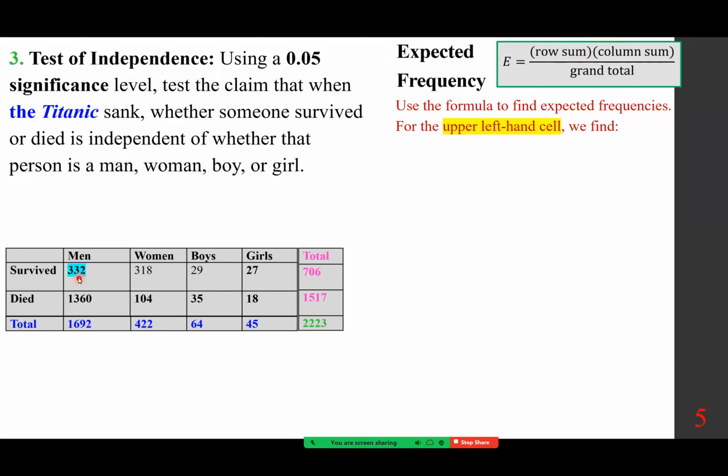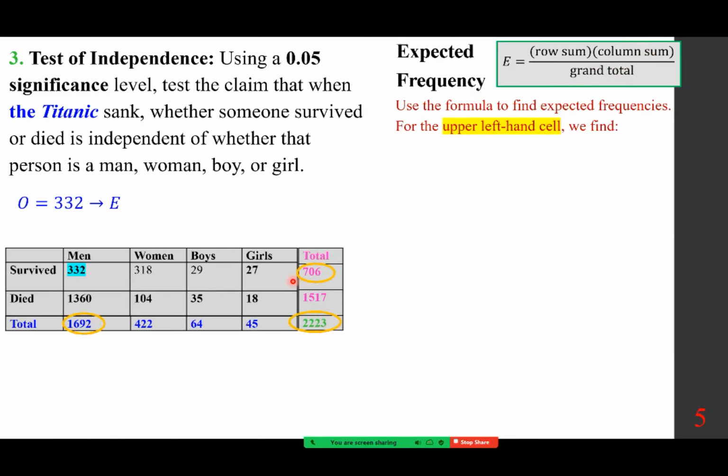Ultimately, you do this with technology, but to see how it's calculated: if I want to use this number and find its expected value, I multiply the row sum, which is this number, by the column sum, which is this number, and then I divide by what is called the grand total.